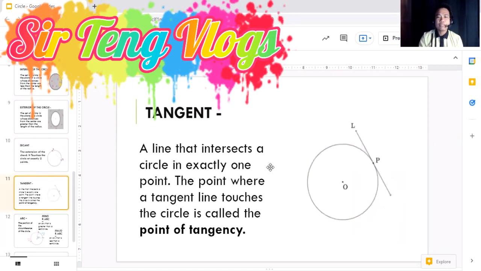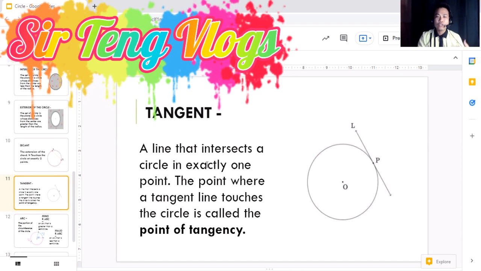Then we have the tangent, from the Latin word tangere, which means touch. It is a line that intersects a circle in exactly 1 point. Tangere is used in Rizal's novel, Noli Me Tangere, which means touch me not. So from Noli Me Tangere, touch me not, the tangere means tangent or touch.